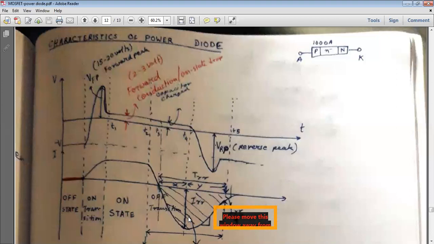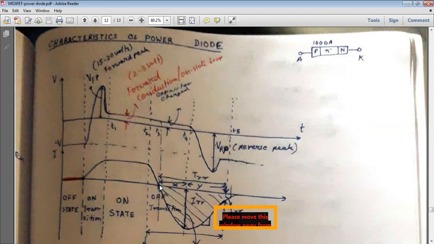Though the diode carries voltage, now the diode is allowing the negative current that you can see in this picture. So the current comes to 0, but still the diode is carrying some voltage. The diode is allowing negative current. Again, the current will increase in the reverse direction as long as the voltage is available.